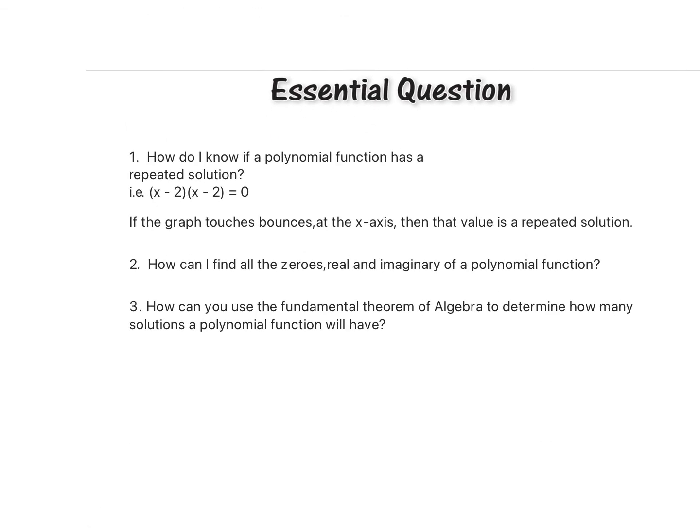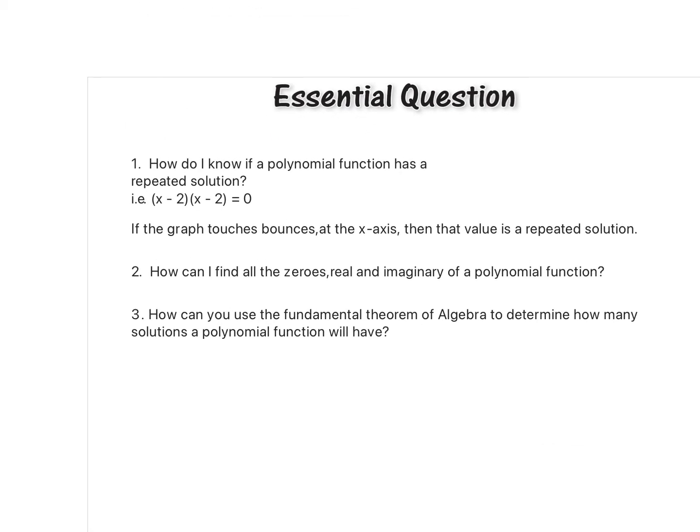Okay, so what we're going to look at is sometimes there are solutions that are repeated. Okay, how do I know if it has a repeated solution? Meaning a repeated solution would be like a bounce. Because remember when it bounced, it was like x minus 2 squared. Well, that means that x minus 2 is a solution twice.